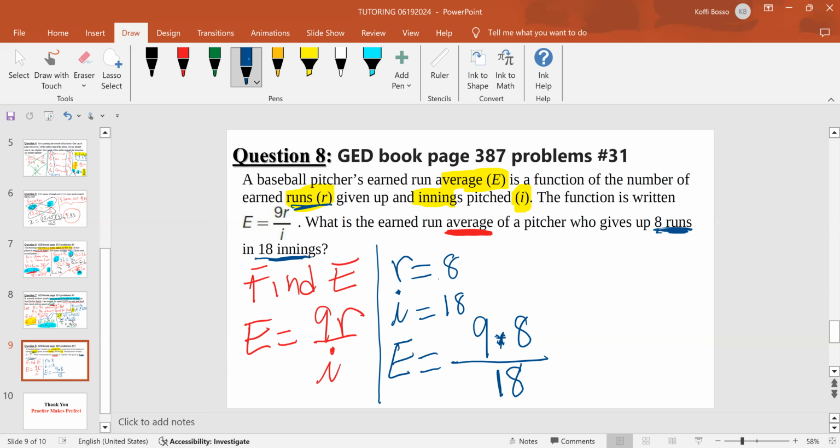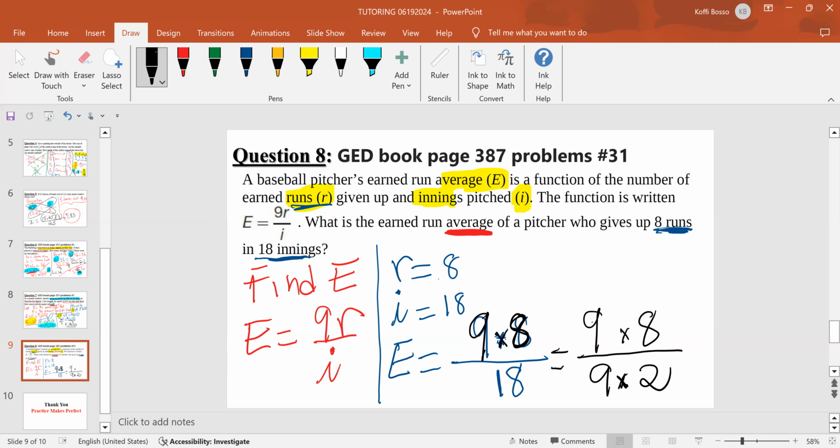Let me show you something which is also math. Suppose they give you this question to solve, and they say do not use a calculator. Let me show you how you can break it down. On top, we have 9 multiplied by 8.